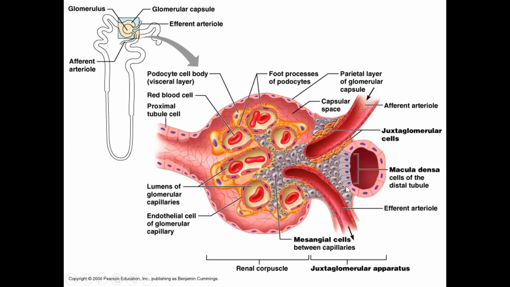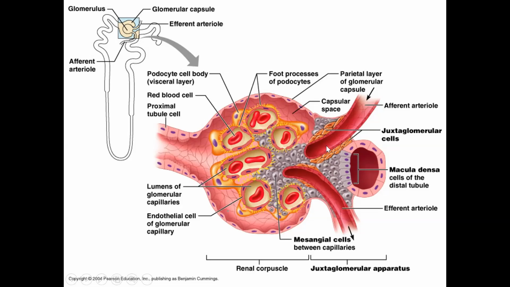So first, this one, if you see right here, this is Bowman's corpuscle, the renal corpuscle, which has a Bowman's capsule here, okay? And two blood arterioles. The one going in is afferent, the one coming out is efferent, right?